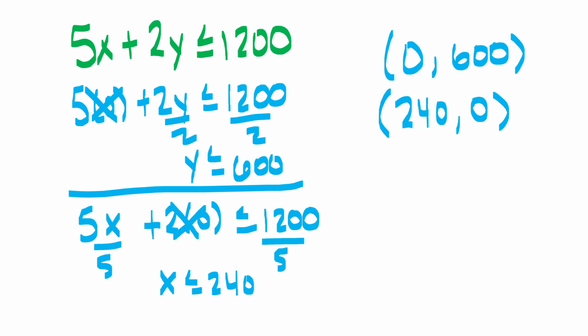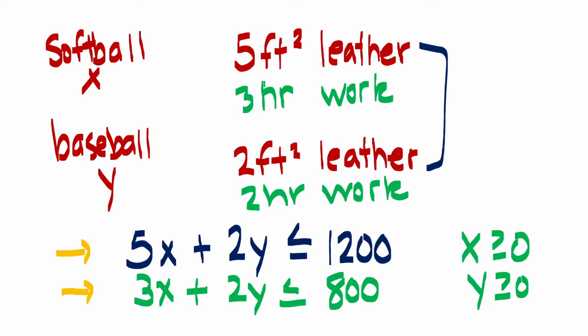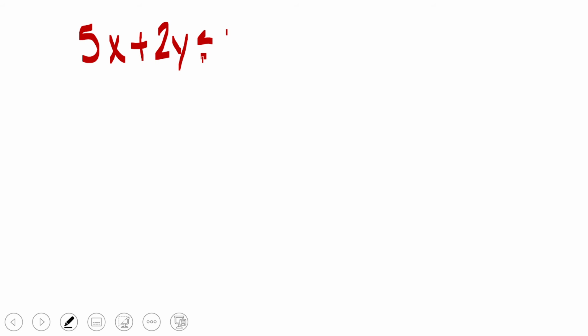So how do we do that? We take our two constraints and set them together and use elimination. We've done this, to find our intersecting points.